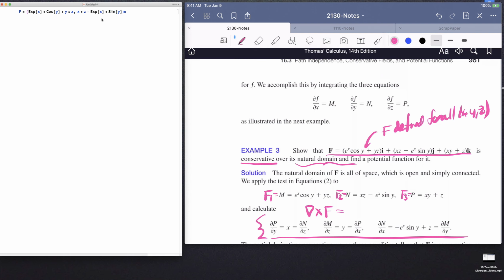And the third entry of the vector field is x times y plus z. Okay, so there's our vector field. Let's double check to make sure we've typed it correctly. Looks good to me.